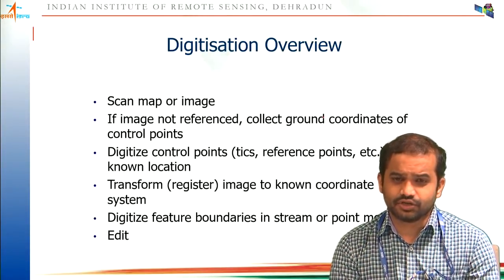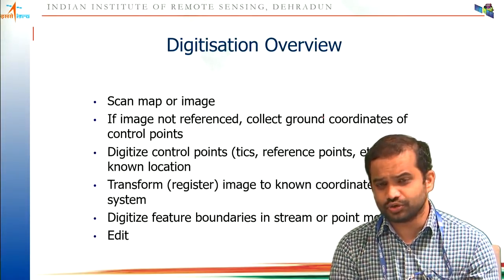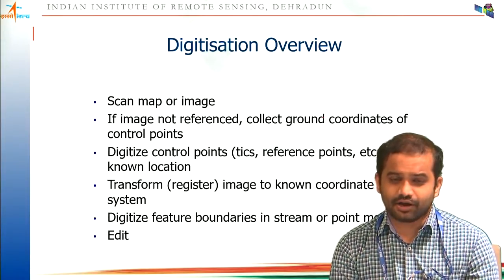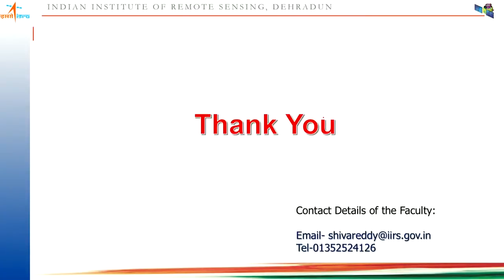Once digitization is done, you can use either stream or point mode. As we discussed, stream mode means you don't need to click, and in point mode you need to click. And once digitized, you finally do editing. Editing is generally used to further refine the digitization process and also remove the errors. This is it.